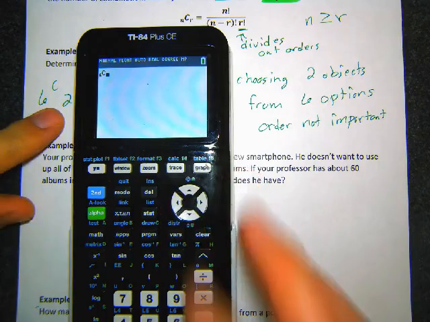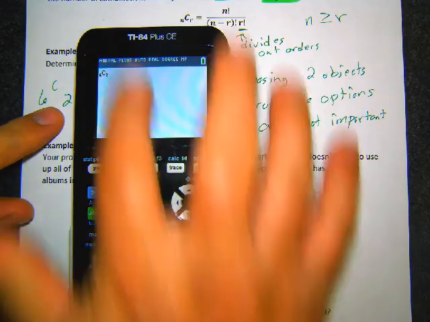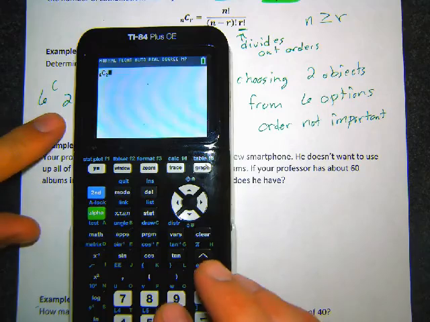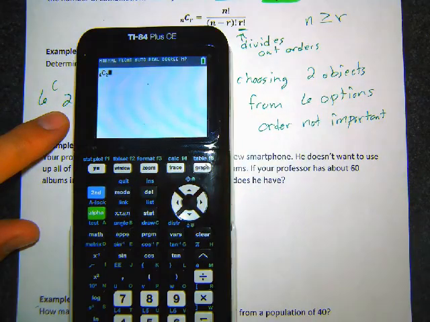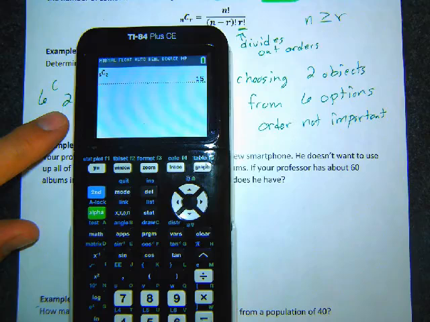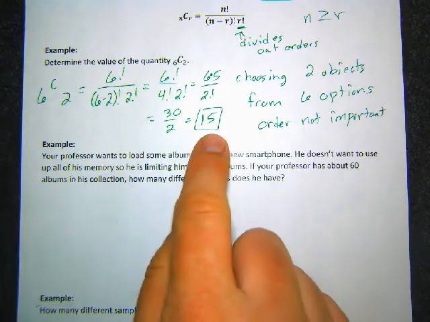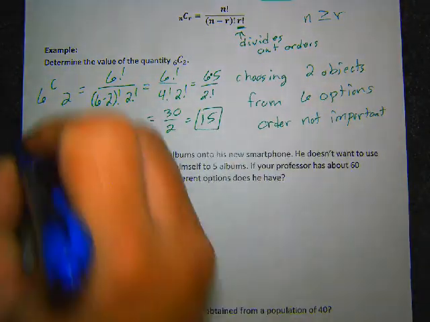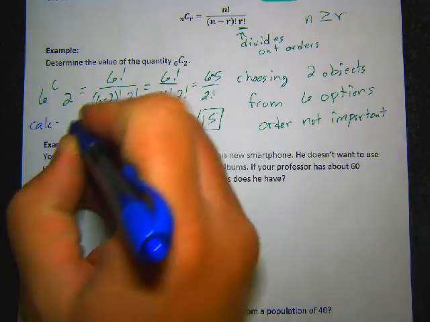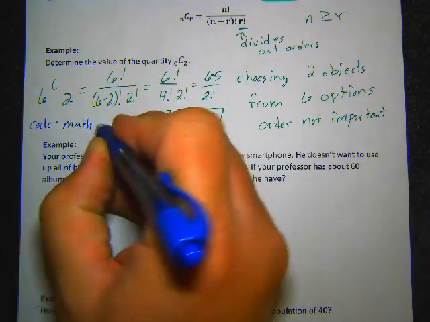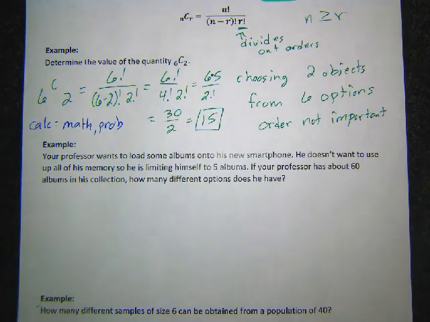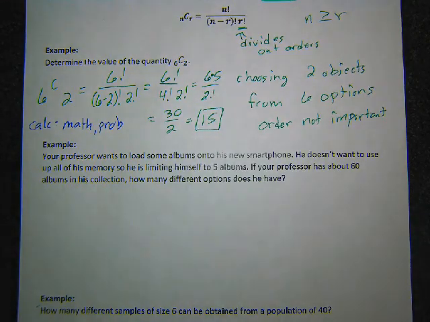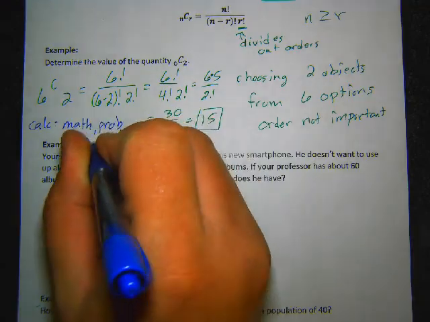Even between TI-84s, some of them are a little different. But once you get 6C2 like that, you hit enter, and there's the 15, just like we thought. There are 15 possible options. So on the calculator, we have math, prob for probability, and the third option is combinations.